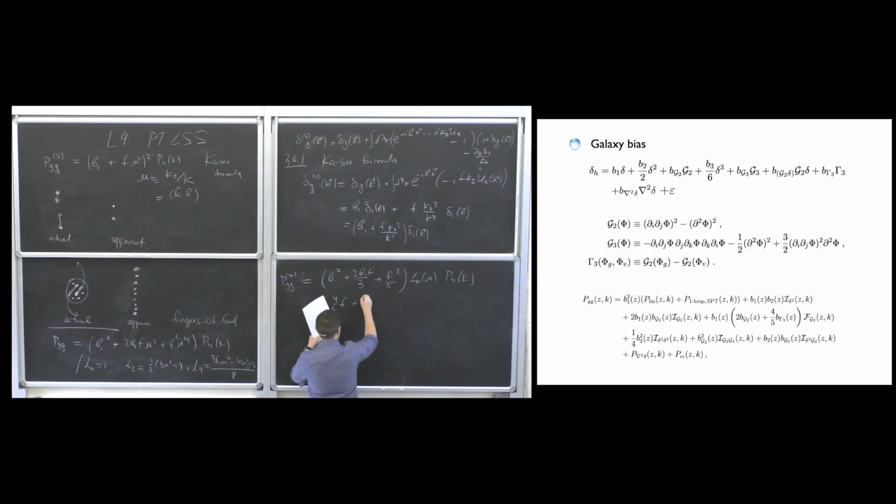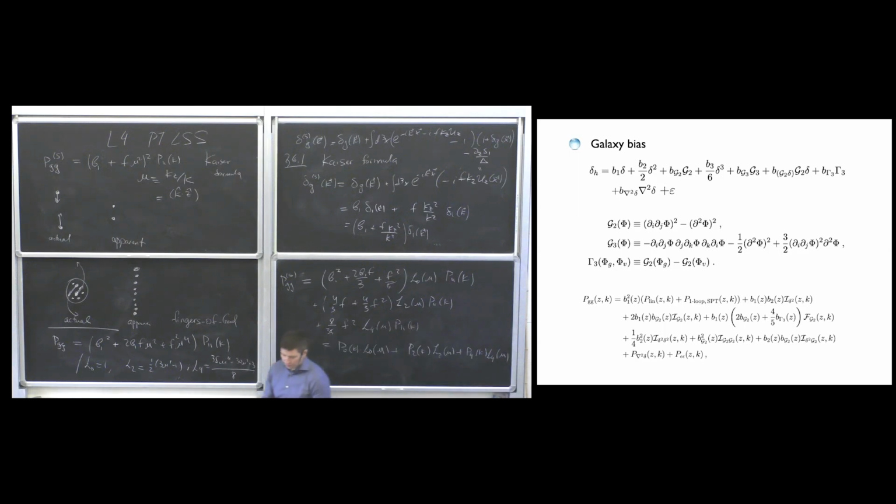It's just a simple linear transformation or a rotation of the basis in mu space, if you will. So we will end up with these expressions that now you can rewrite as P0 of k times L0 of mu plus P2 of k times L2 of mu plus P4 of k times L4 of mu.